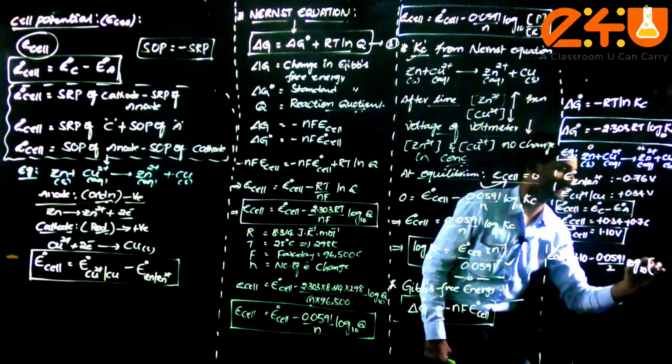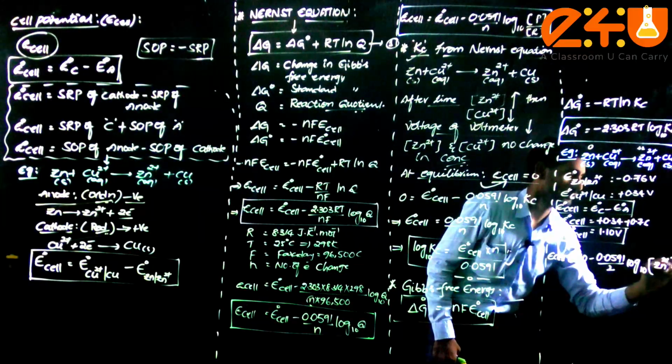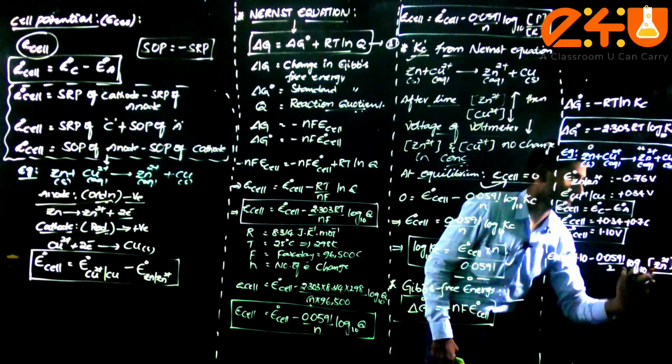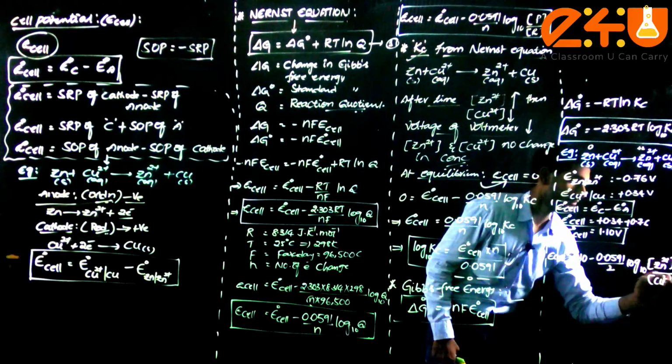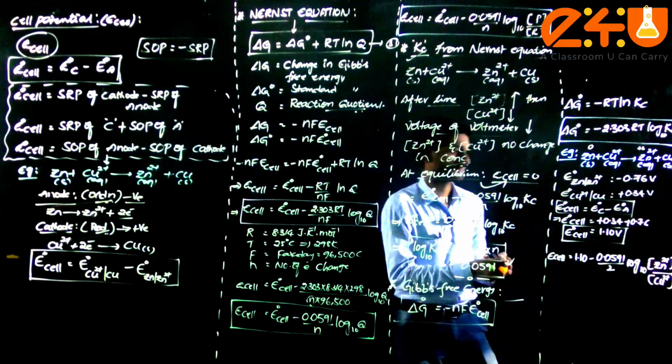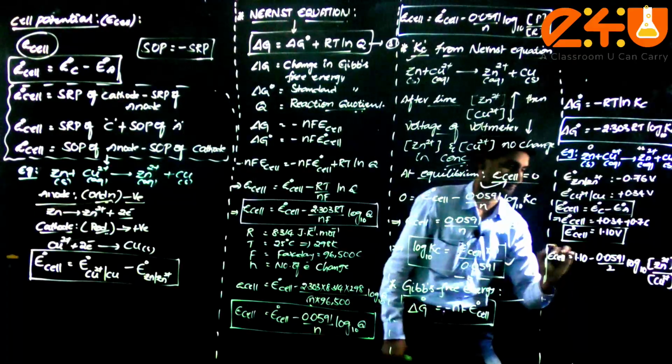The concentration of Zn2+ divided by the concentration of Cu2+. This is the way we have to write the expression.